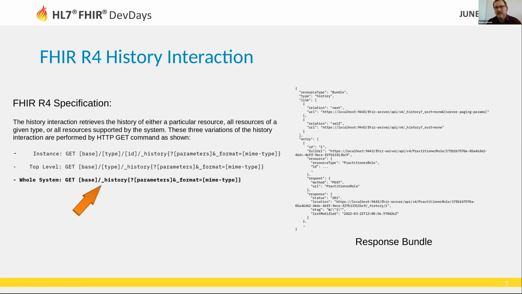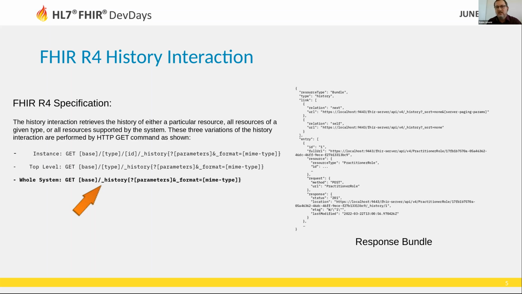So on the right-hand side here, we've got the response to the whole system history call. And as you see, it's a history bundle. And there's an entry array where each element in the array is basically a collection of some metadata related to the change, the request, basically, how was it? Was it a post or a put, or was it a delete? And then the response that the server would have given.